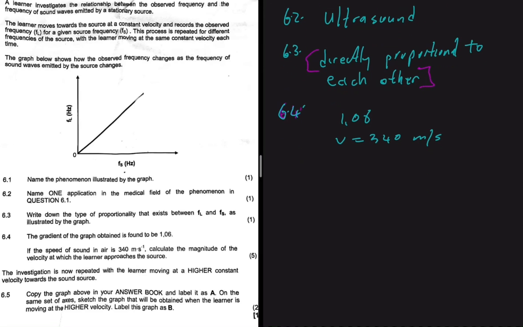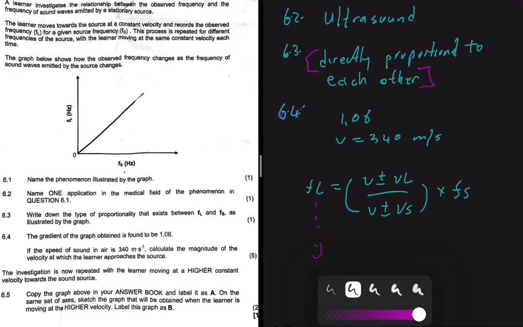So we know fully well that in Doppler effect we have FL being equal to (V plus or minus the velocity of listener) divided by (V plus or minus the velocity of the source), everything multiplied by the frequency of the source, right? In our graph we have FL being the Y, and then we have FS being the X. So this expression here will be our what?